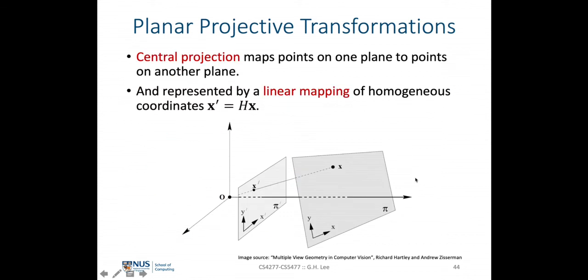Now, geometrically, what the homography transformation, or projective transformation, means is that we are trying to find a linear mapping such that, as we have mentioned, any point is represented by the intersection of the ray with the plane.